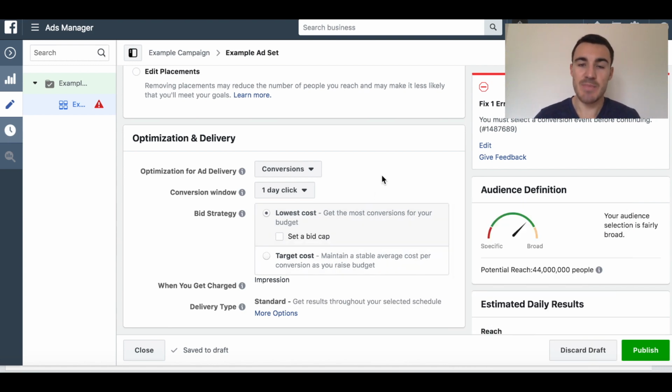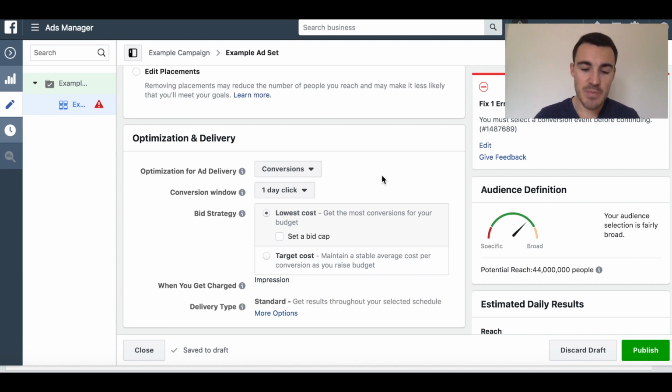So lowest cost is basically what it sounds like. If you select this option, Facebook will try to get you the lowest cost possible for whatever it is that you're optimizing for. So in this case, obviously, we're optimizing for conversions. Let's say we're after purchases. They will try and get you the lowest cost purchases possible. That sounds like the option you would always want to use, because why wouldn't you always want the lowest cost?